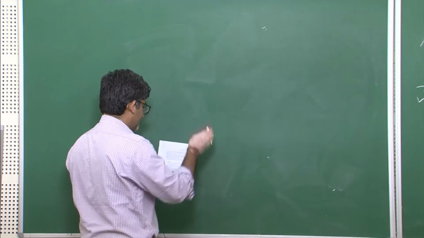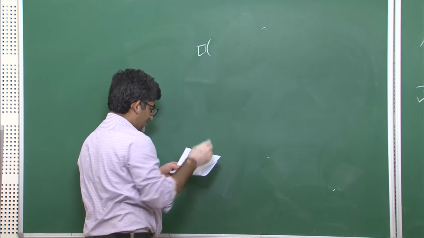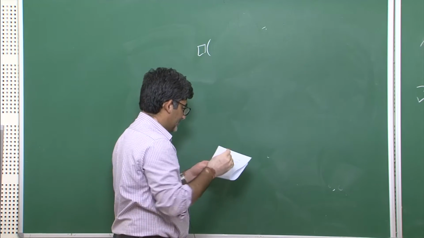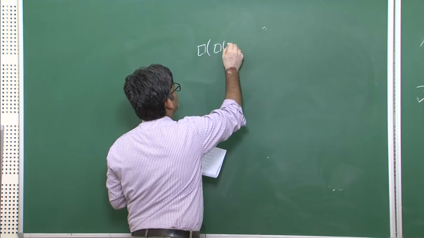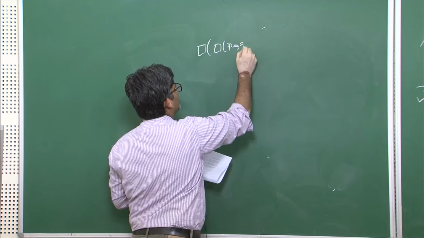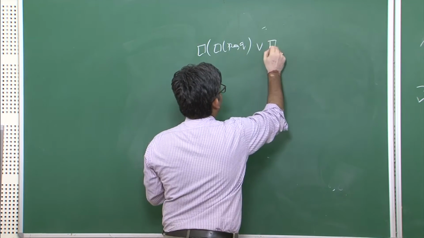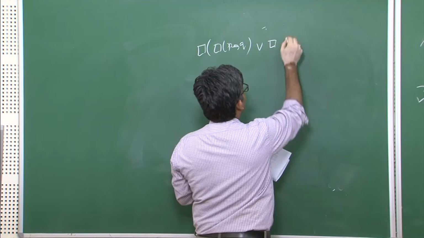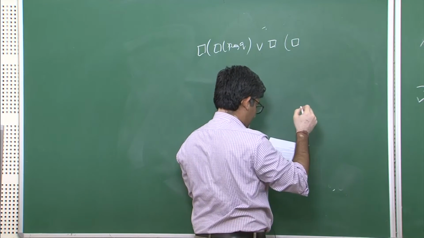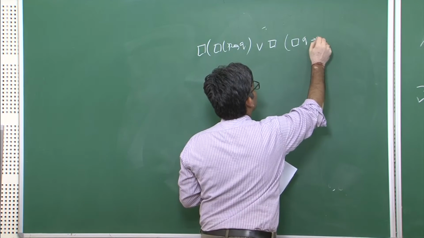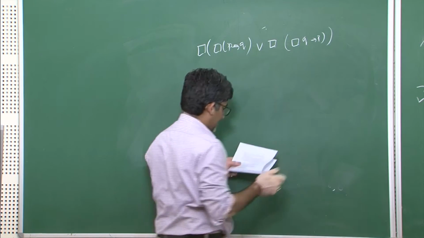So this is a little bit difficult formula, and with this we will end. Necessity of P implies Q, or necessity of Q implies P. We need to be careful about the brackets.